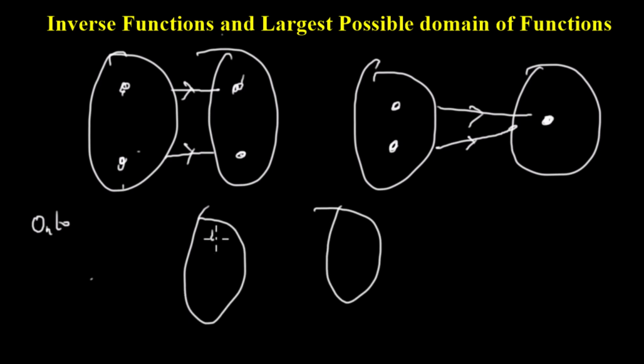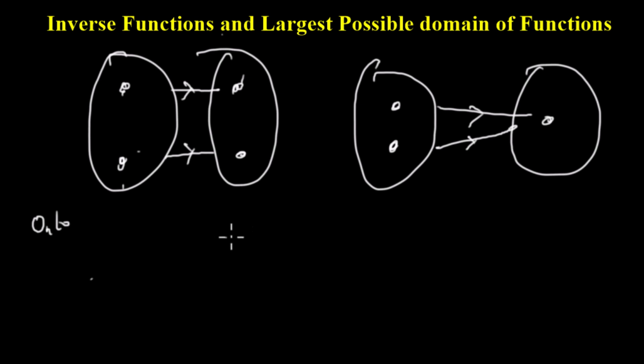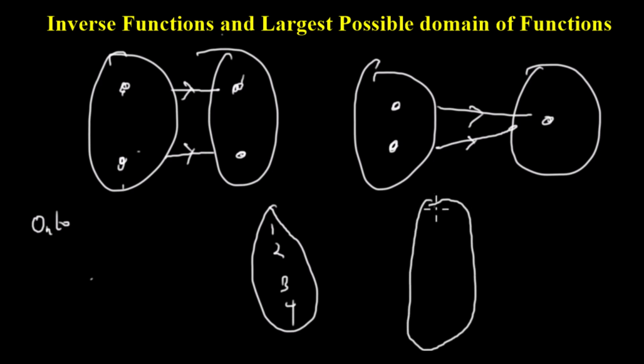All right. Now let me try and do something like this. So let's say we have 1, 2, 3, and 4, and on the other side 2, 3, 4, 5, 6, and 7.